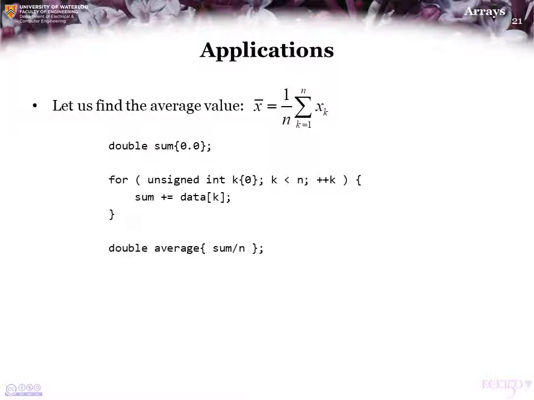I now have a local variable declared to be of type double, and it is initialized with sum divided by n. Now, sum is a double, n is an unsigned int, and so therefore n is interpreted as a double, and this calculates the average value of the n entries in this array. So we'll print that to the screen.